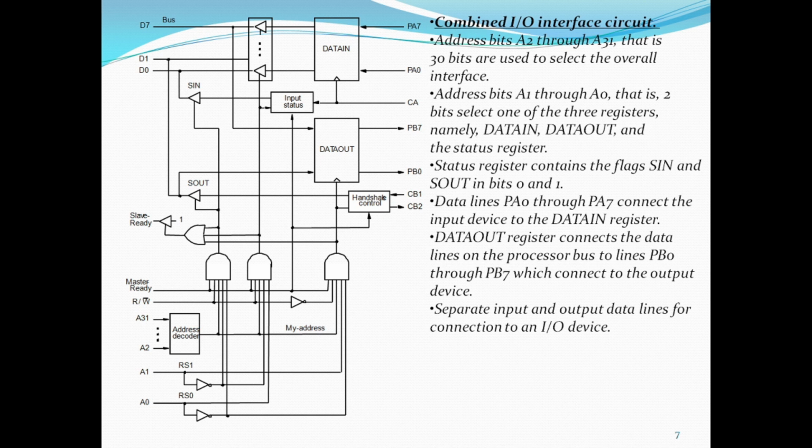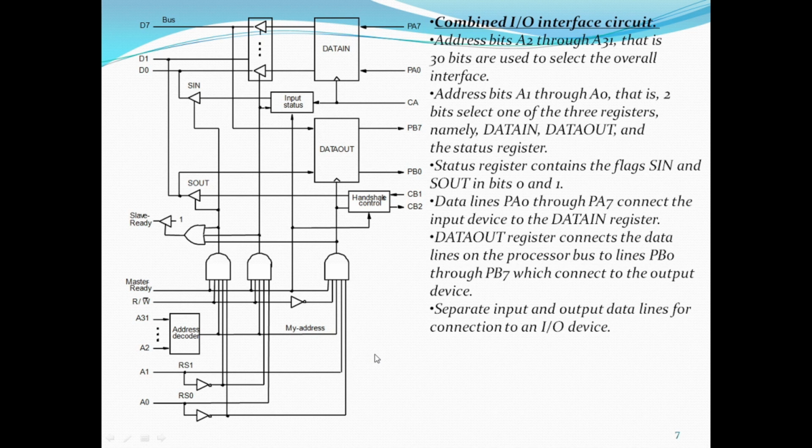As you can see, we are using these two labels, RS0 and RS1, which are register select 0 and register select 1. They denote the two inputs that determine the register being selected. Basically these two labels indicate which register is being selected.